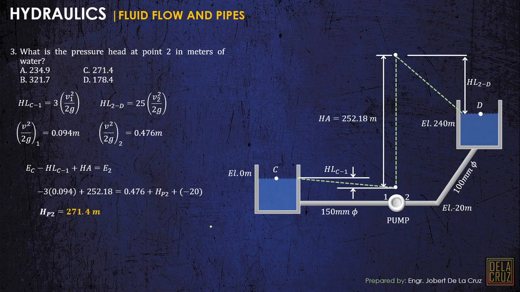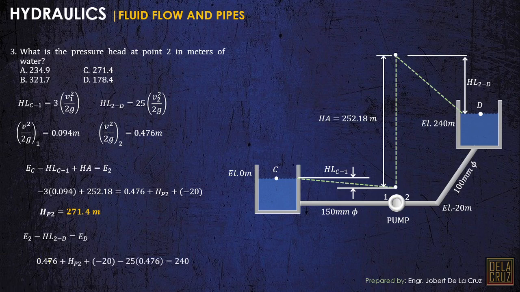How about using point 2 to point D? Alright, let's try. From point 2 to point D, we have passed the pump, so we don't need the value of HA. The energy at 2 minus HL2 to D is equivalent to the energy at D. The energy at 2 has pressure, velocity because it is in the pipe, and elevation.